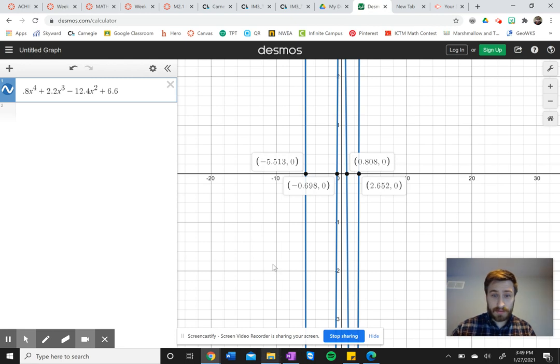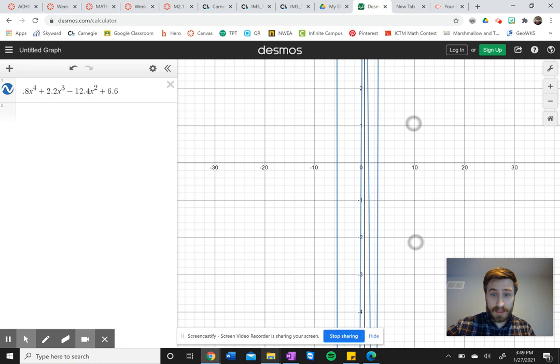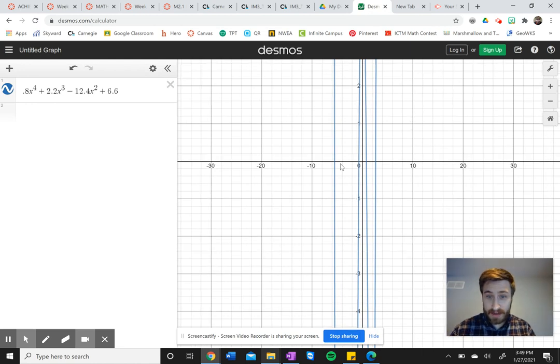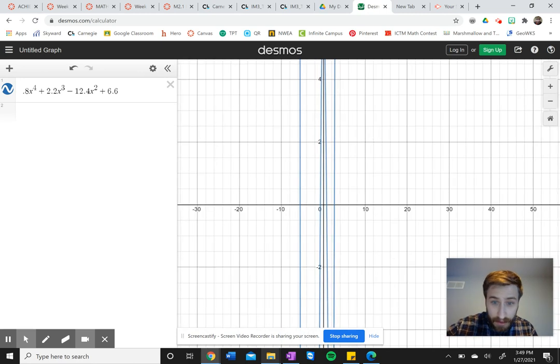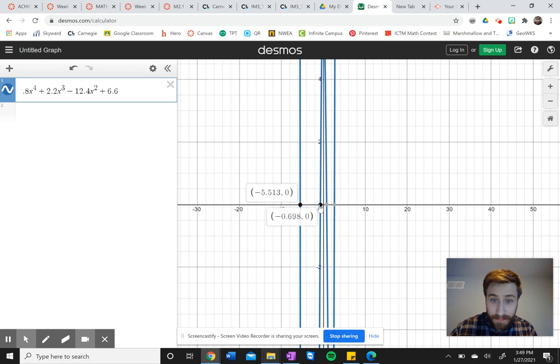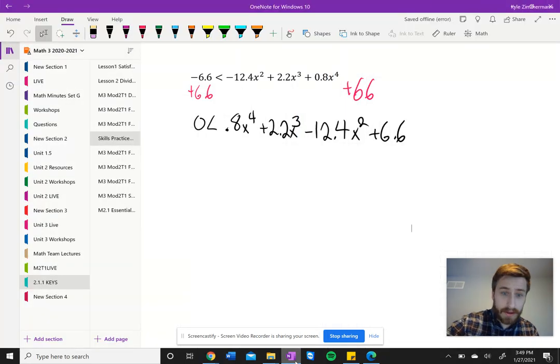My solution, I want it to be less than zero. So I hope you can see that in this region, between this zero and this zero is a possibility. It's going like this, like a U. So any of the solutions between these two are going to work.